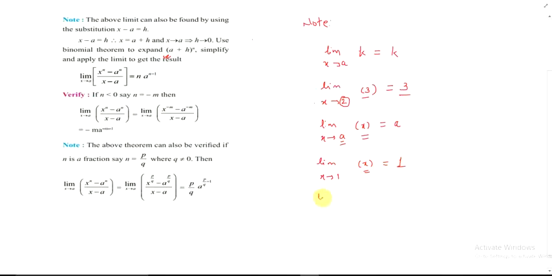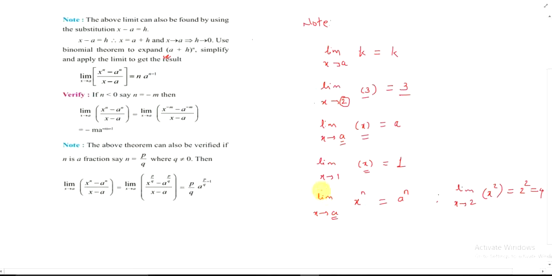Our third result is for the power function, the limit as x extends to a of x raised to n. Again x occurs here and n is constant with regard to this limit, so we only replace x by a, and the limit becomes a raised to n. For example, here the limit extends to 2 and we have x square, then we write 2 square, and that is 4.